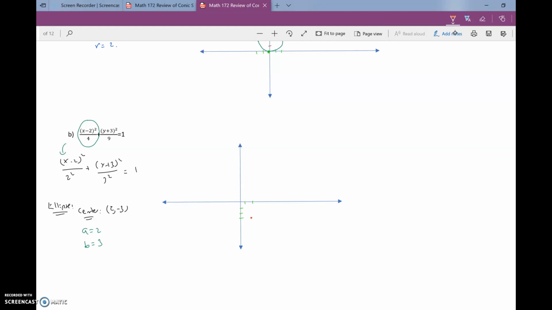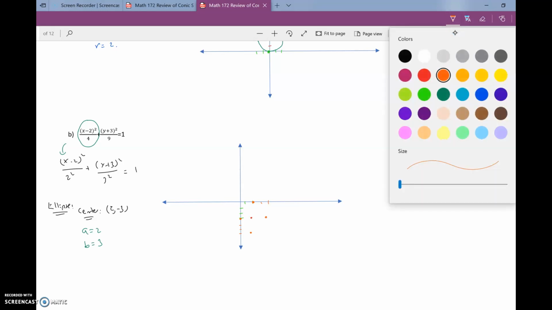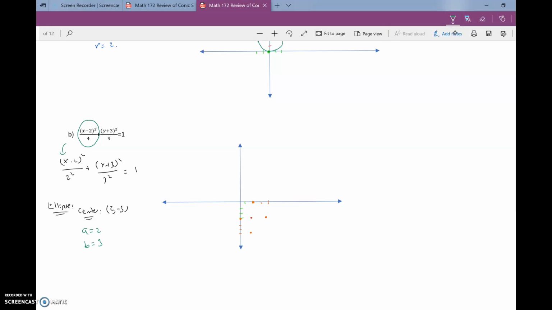So in this case, 2 units. That's going to be another point and technically another point. And then on the y's, 3 units. So 1, 2, 3, it's going to be here. 1, 2, and 3, it's going to be there. That's going to be our actual ellipse. Let me actually connect it.